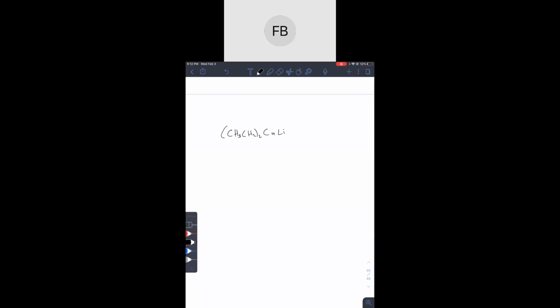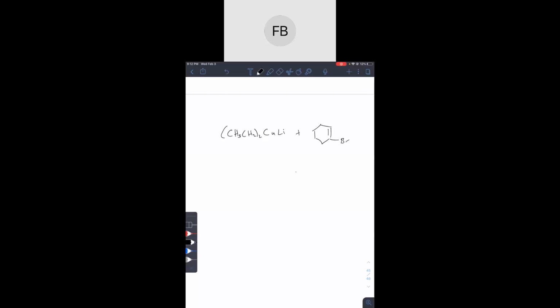So what happens when we take this and react it with, I don't know, something? Okay, yeah, so he has an example like this. All right, so what happens is you take one of these from in here, not both of them. They don't both get substituted on. One of them does.